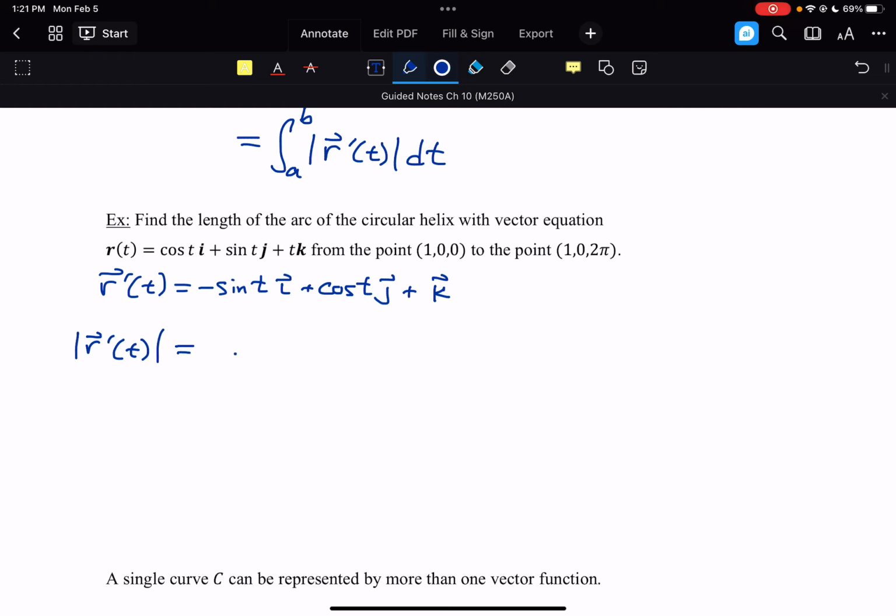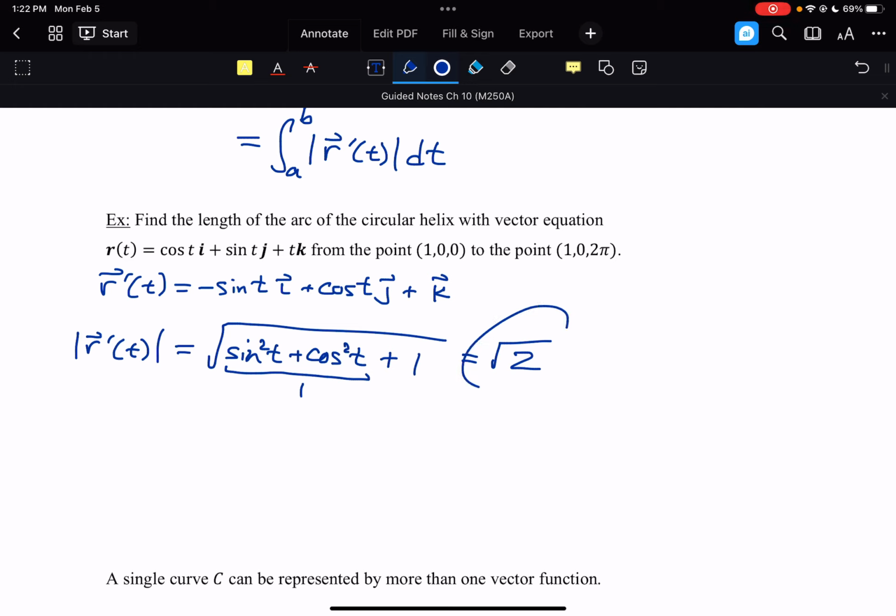So the length of that is the square root of negative sine squared, so that's sine squared t, plus cosine squared t, plus 1 squared. We know via trig identity that sine squared plus cosine squared is 1. So this is the square root of 1 plus 1, or just radical 2. This is going to be our integrand, right? That's going to go in here.